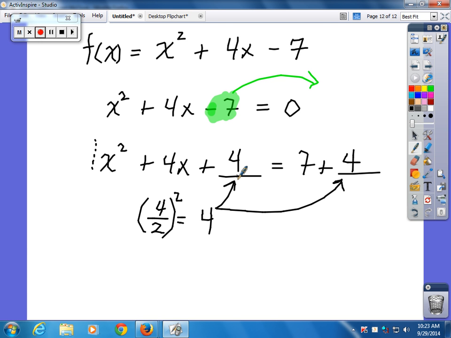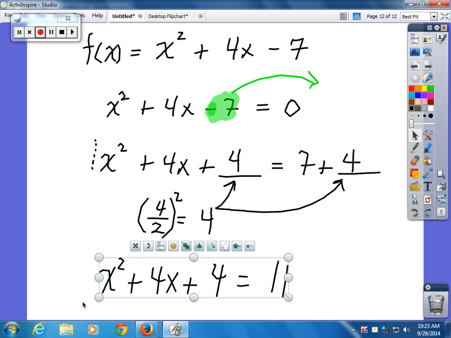So that will give us x squared plus 4x plus 4 is equal to 11. That's your quadratic. We just completed the square.